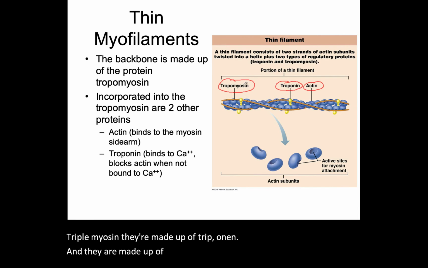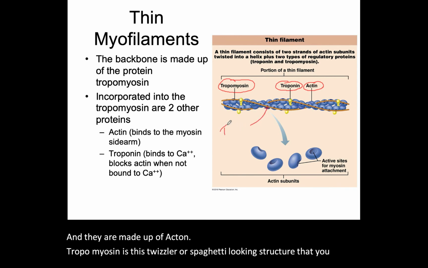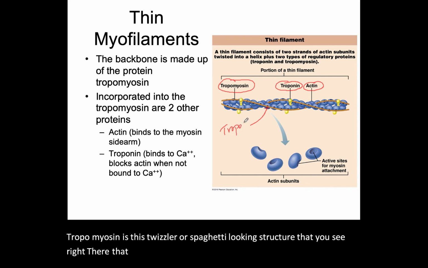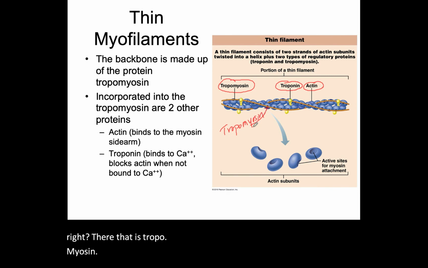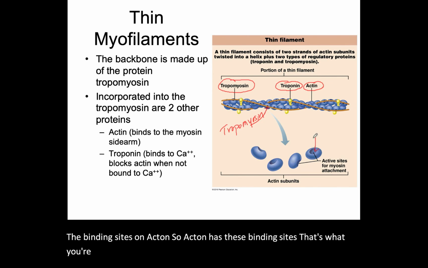Right? Tropomyosin is this Twizzler or spaghetti looking structure that you see right there. Right? That is tropomyosin. Tropomyosin is responsible for covering the binding sites on actin. So actin has these binding sites. That's what you're seeing right here.